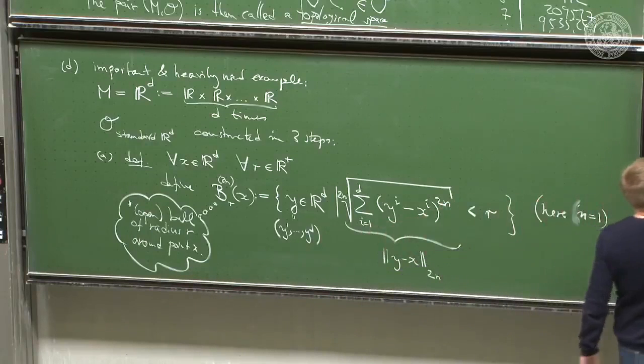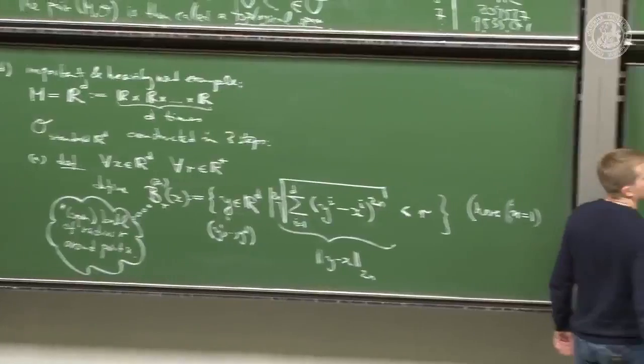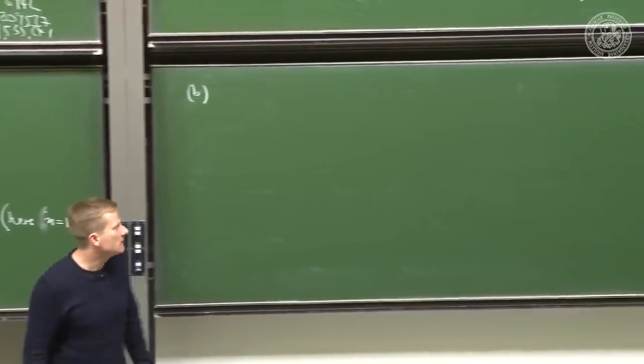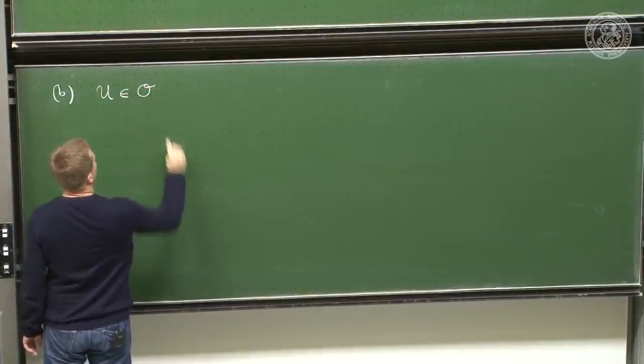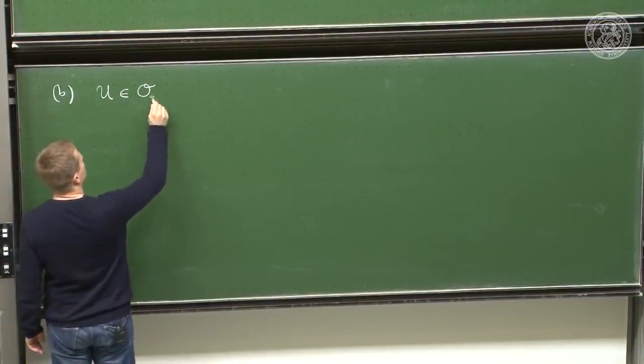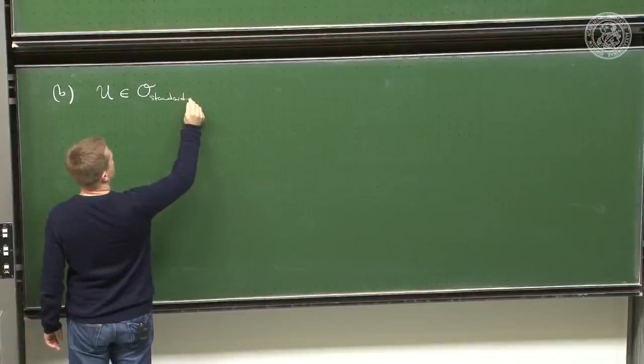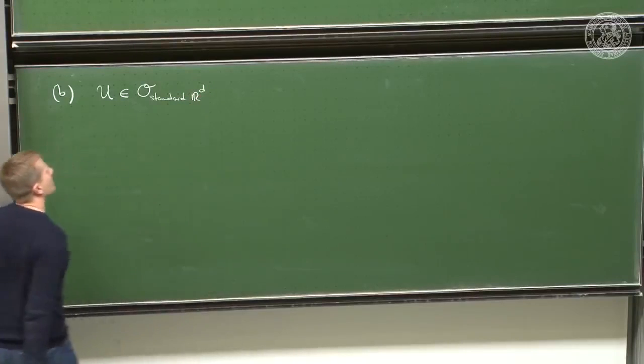Now, the second step is that I tell you how to decide whether a set U lies in the topology, in the standard topology, O standard on R^d.